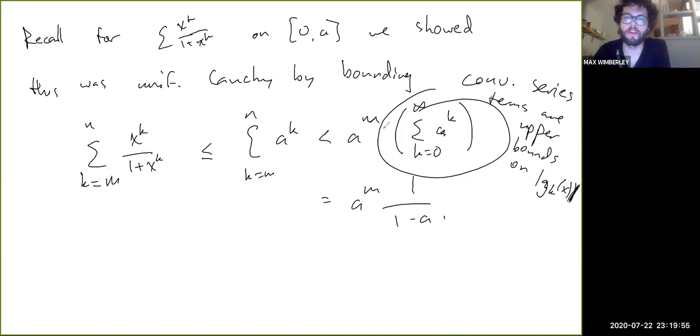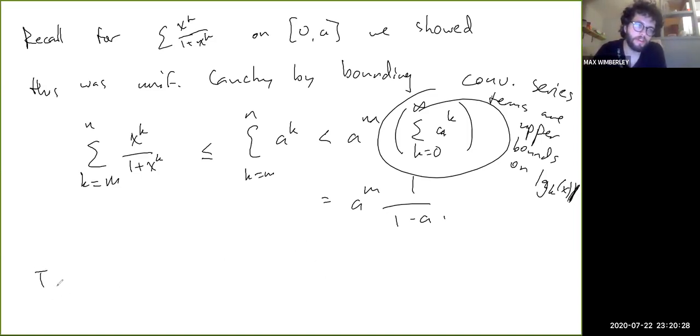So if you can get a handle on how big g_k(x) can get, and you get upper bounds on each g_k(x), and those upper bounds form a convergent series, you can repeat this exact process in any situation where that happens, and you'll be able to show that the series is uniformly Cauchy that way. And that's basically what the Weierstrass M-test does, in general, okay?